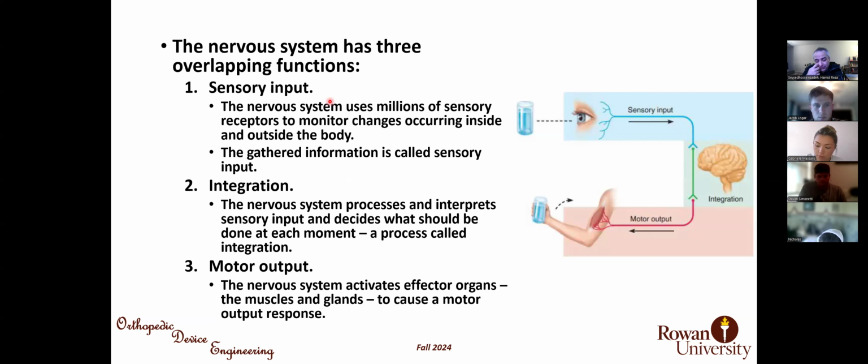We have another sense that is called deep sensation, and that's a sensation of the position of body parts in space. That is an involuntary sense. The other senses are voluntary, except for hearing.